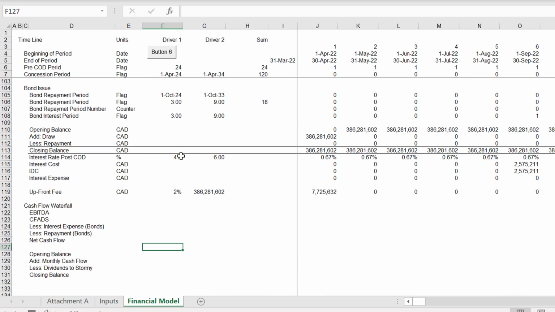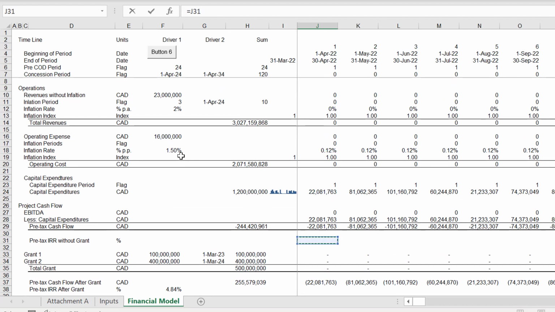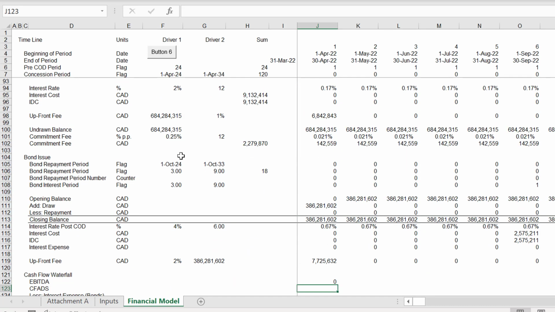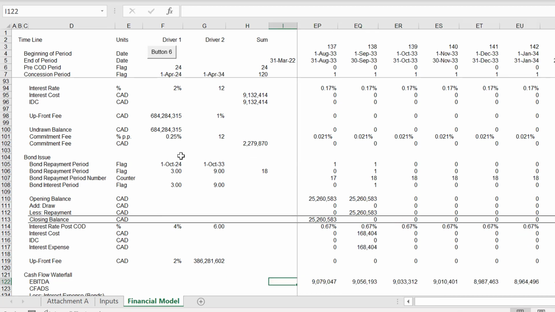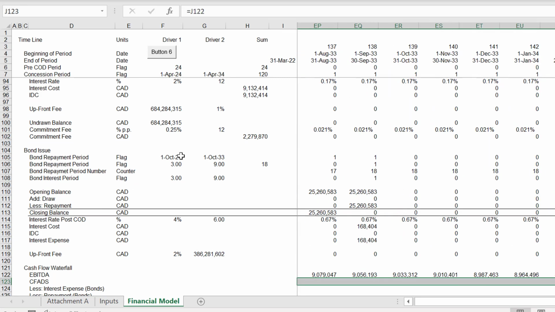And then once we make the copy and paste, let's go upstairs and get our EBITDA. I'm so happy we're almost finished, aren't you? After we get the EBITDA, we'll say EBITDA equals CFADS.